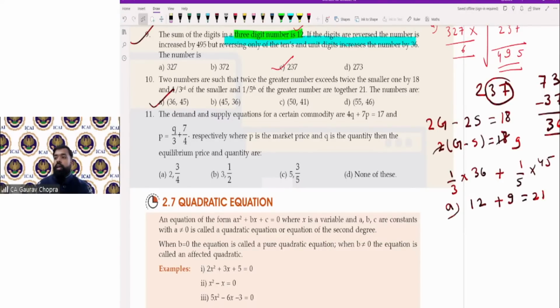You will get your answer. You can easily put the option and check which one is satisfying. All right. So let's check which is satisfying.